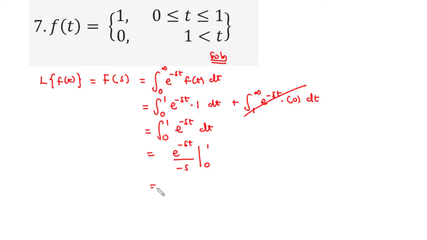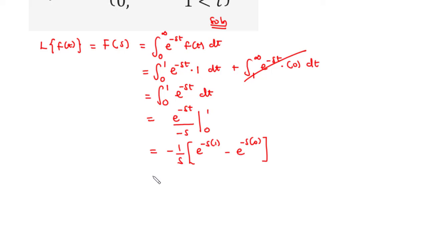Now let's evaluate the upper limit minus the lower limit. Inside of the brackets, we are left with e to the power negative st. In place of t, we are going to substitute 1 and then 0. So for the upper limit, we have e to the power negative s times 1 minus e to the power negative s times 0.